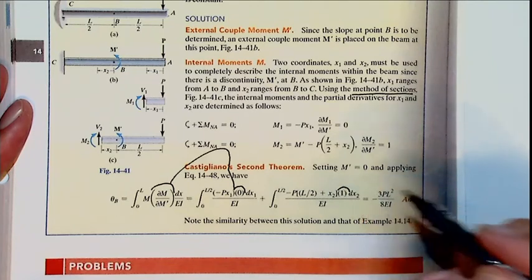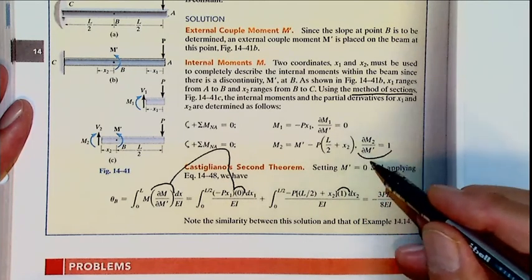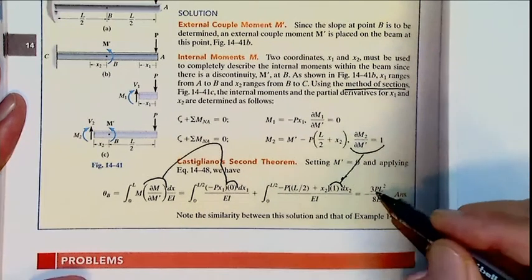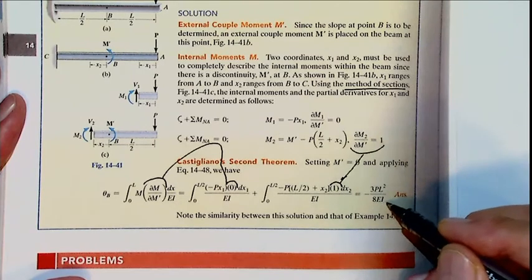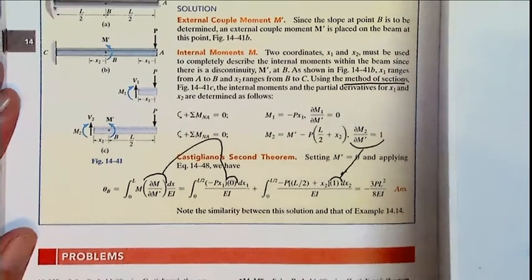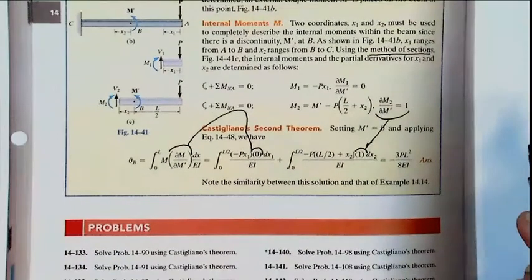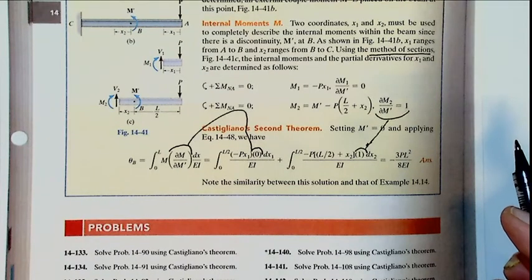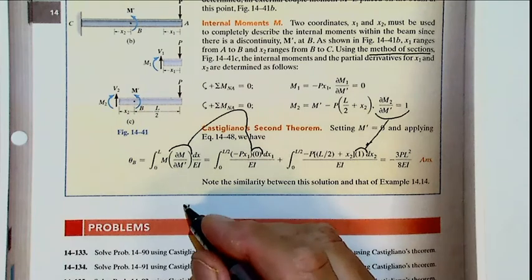Derivative equals this one. The result is 3PL over 8EI. Any questions? Also very simple. I would say to the point.